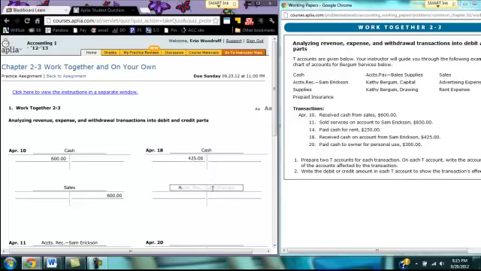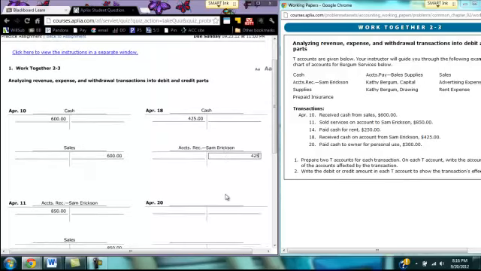Accounts receivable Sam Erickson must be a credit because we already recorded the debit, but also when Sam pays his bill, that means the amount in his account has decreased, so that asset decrease is recorded on the credit side.